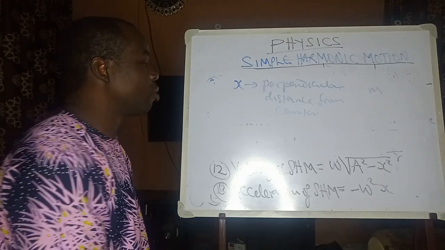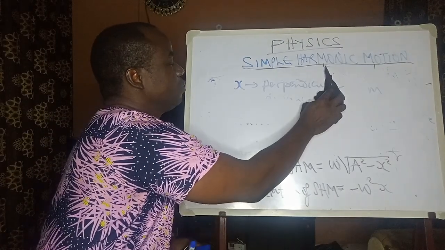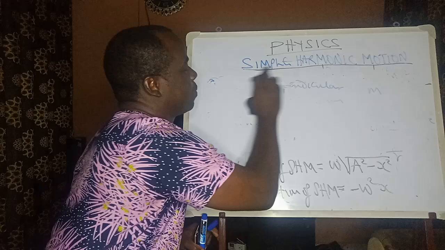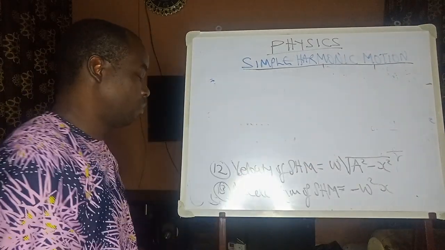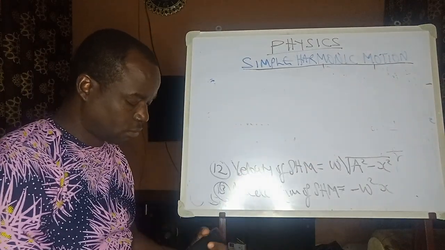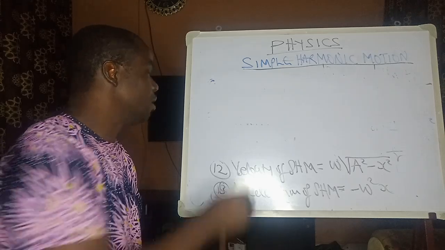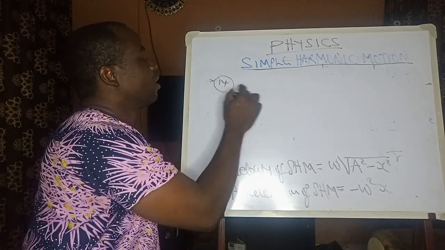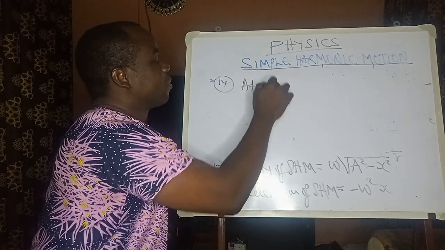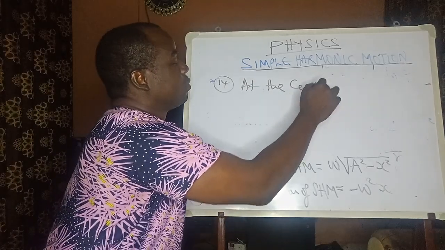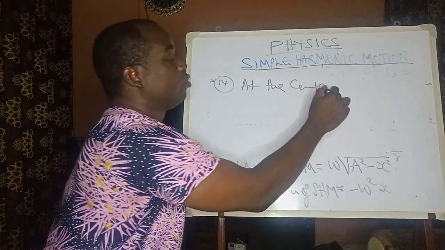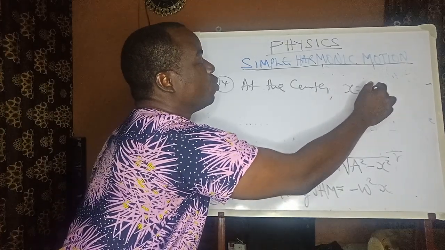Now let's quickly finish up the formulas. So we'll start at formula 13. Now formula 14 is at the center. Once you hear center, know that x is equal to 0.